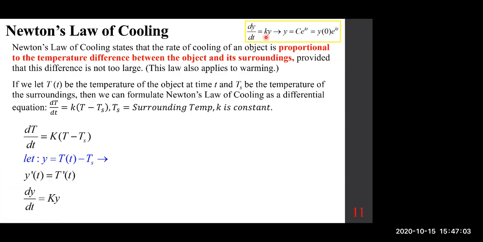The rate of change depends on the population y, right? Now the rate of change here depends on the difference between the two temperatures, okay? Proportional to the temperature difference between the object and its surroundings. Capital T minus T sub S. Again, T sub S is the surrounding temperature, and k is a constant.